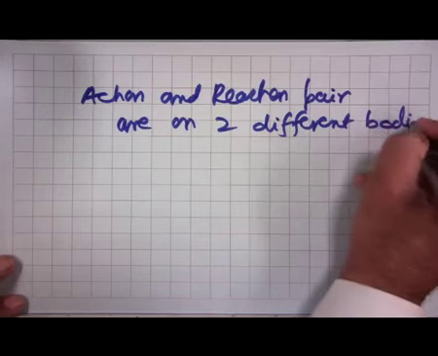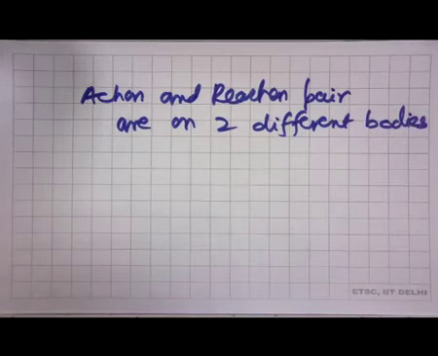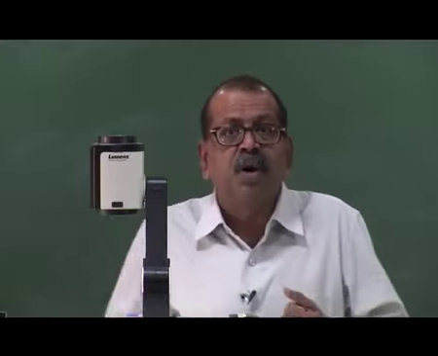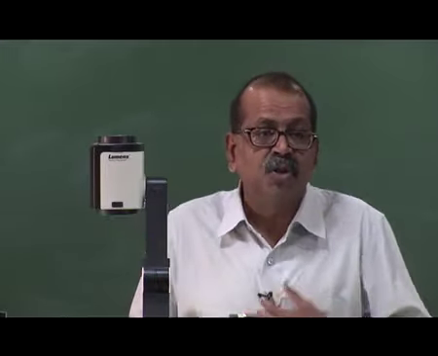One body exerts a force on the other, one of them is action, and as a reaction to this, the other body will exert an equal and opposite force on the first one.